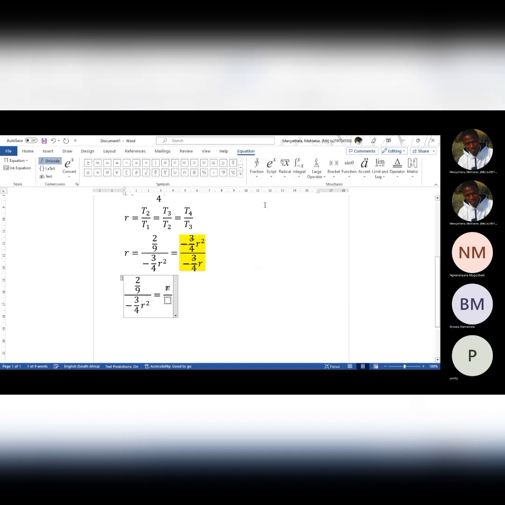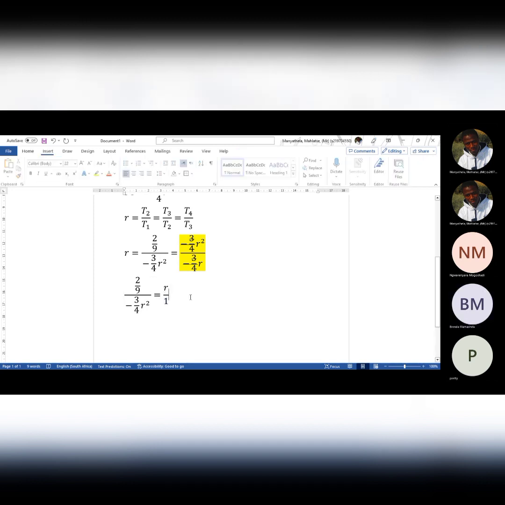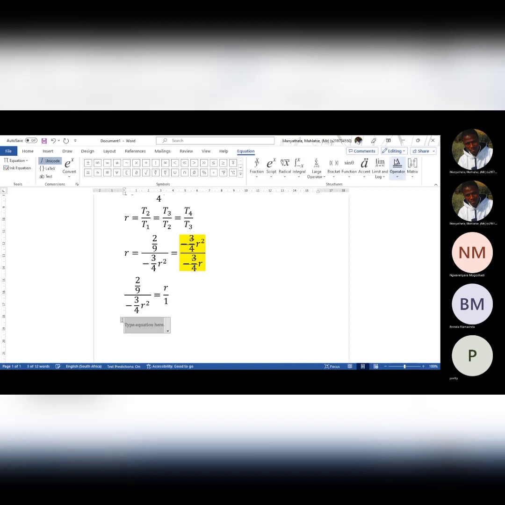Cross multiplication: R over 1 equals 2 over 9 over 9 equal to negative 3 over something over 4.